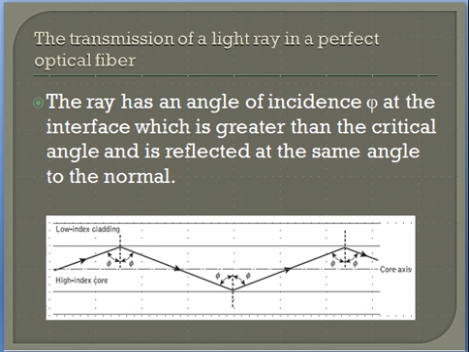The figure shows the transmission of a light ray in an optical fiber via a series of total internal reflections at the interface of the silica core and the slightly lower refractive index silica cladding. The ray has an angle of incidence psi at the interface which is greater than the critical angle psi c, and is reflected at the same angle to the normal.